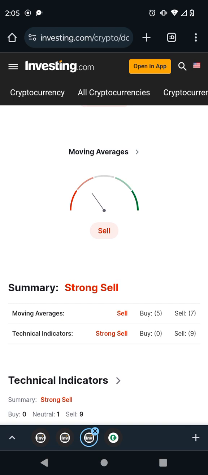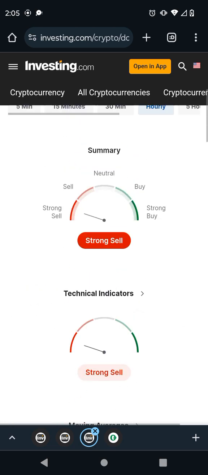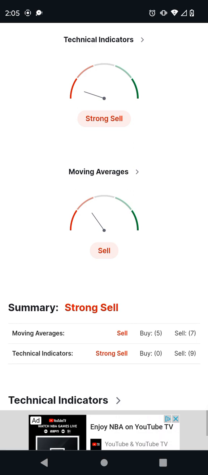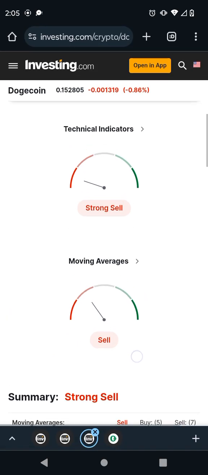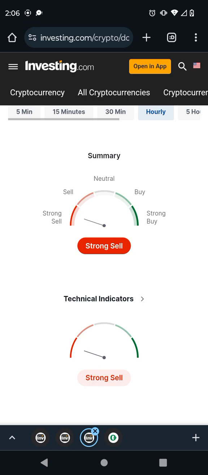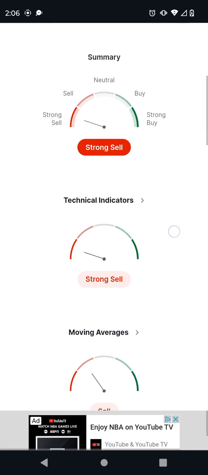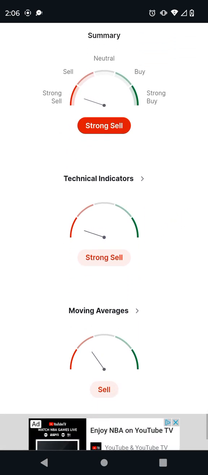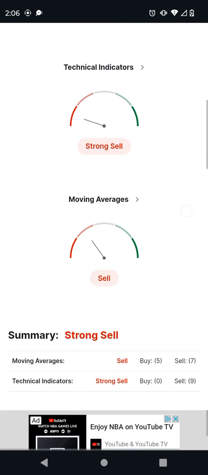The hourly third oscillator, the moving averages oscillator, call it the MAO. This would be the TO, the technical indicator, and this is just the SO, the summary oscillator. So number one, summary oscillator. Number two, technical indicators oscillator, or TO. And number three, MAO, moving averages oscillator.